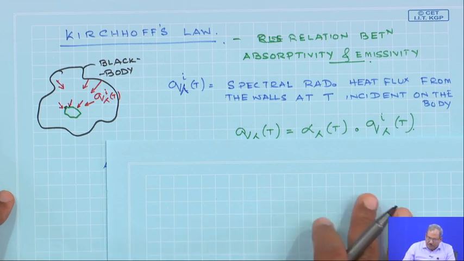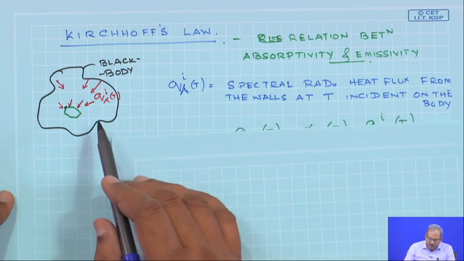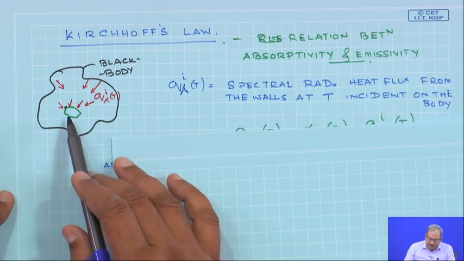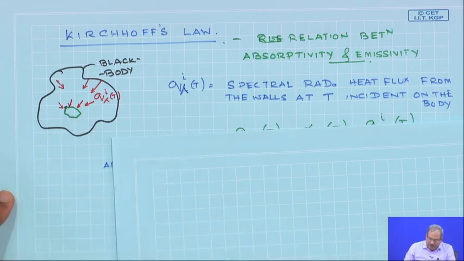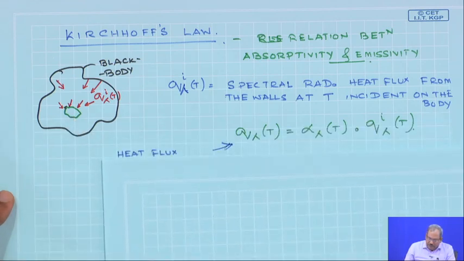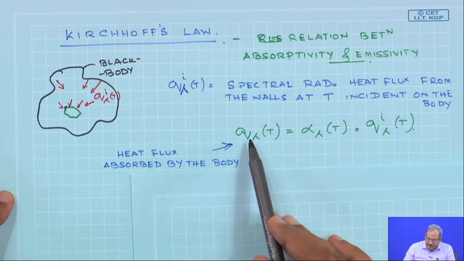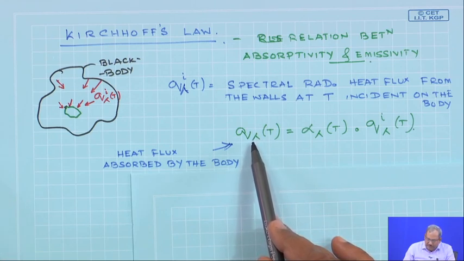Now, part of it is going to be absorbed by the body. What is the amount absorbed by the body? Let us denote it as q_lambda,T. Again, lambda is kept here to highlight the spectral dependence of radiation phenomena.